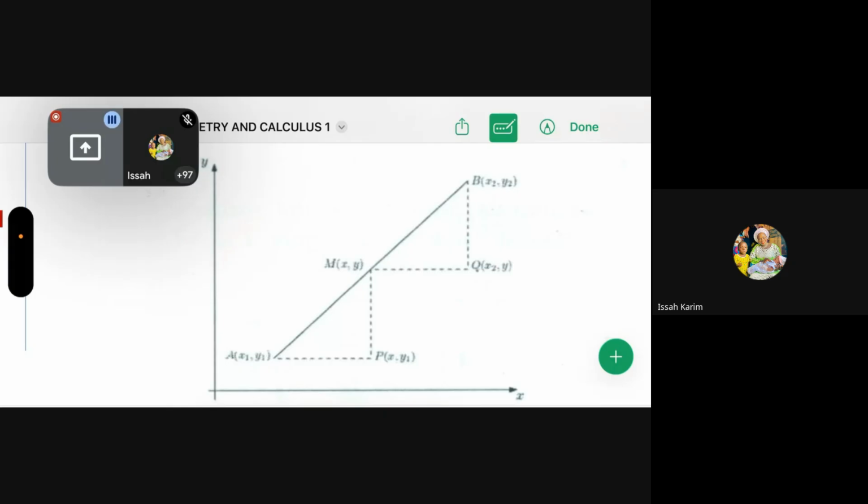On the x-axis, I can see that the x-coordinate for P is the same as the x-coordinate for my M. Can you say it?